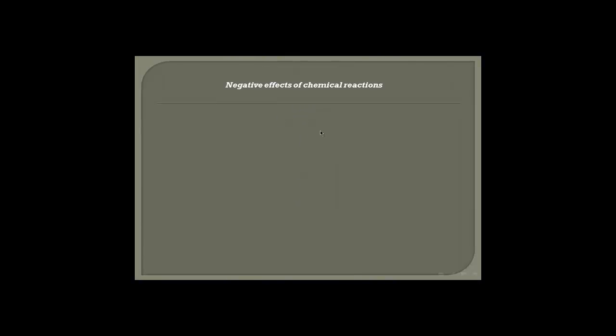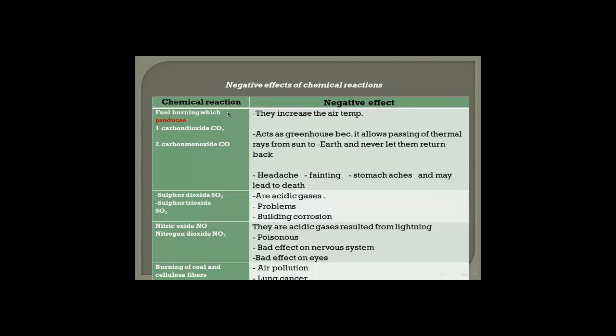Negative effects of chemical reactions. Chemical reaction has many negative effects. The first type, fuel burning. Fuel burning produces 2 types of gases, carbon dioxide gas and carbon monoxide gas.